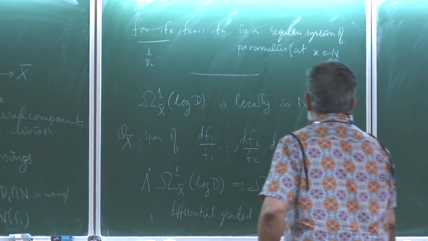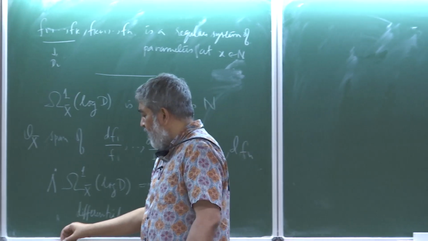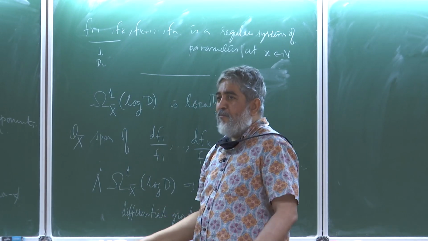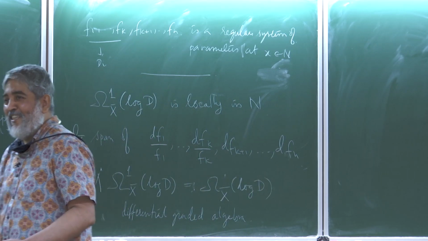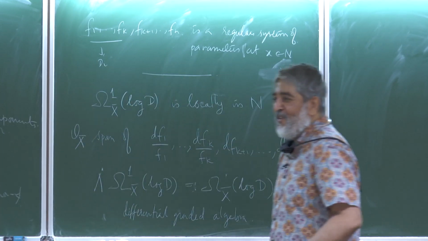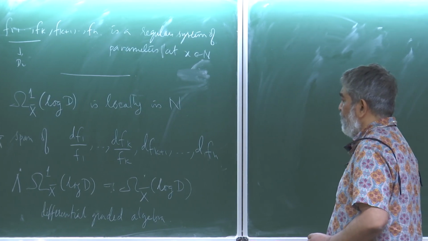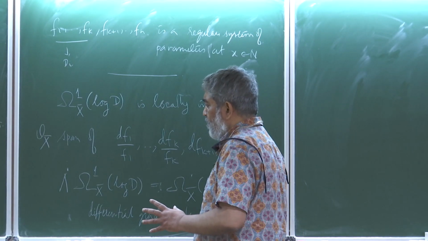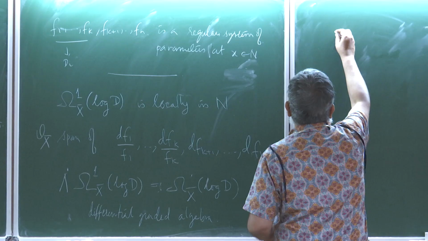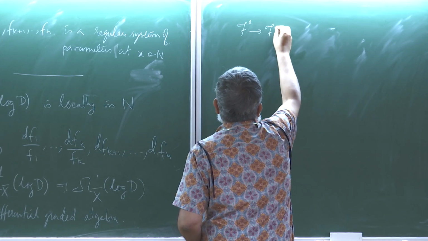Essentially, one thing I didn't ask: should I say anything about what hypercohomology is or not? Say it in two sentences. Okay, so let me quickly say it. Suppose I have a complex of sheaves.